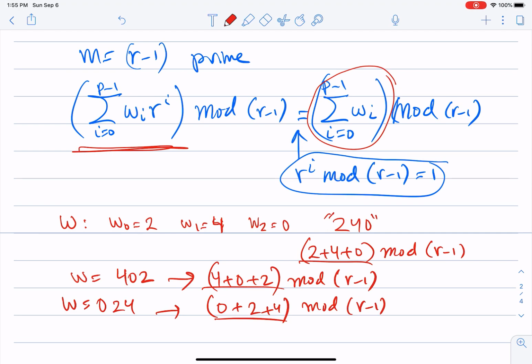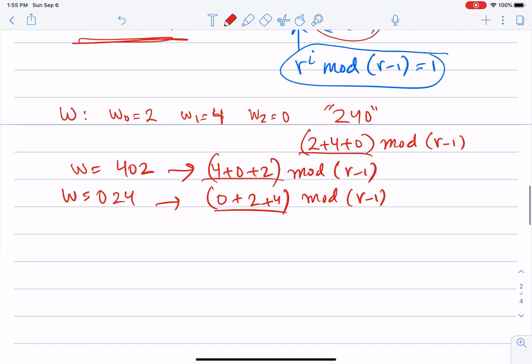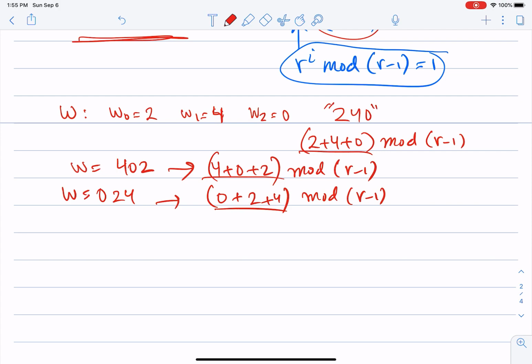If the permutations are distributed uniformly, then this is good. If the permutations are not distributed uniformly, or the choices of words are not distributed uniformly, this is not good. Okay? So M equal R minus 1, and R minus 1 is a prime number. Okay, this satisfies that safe choice of M being prime, but again, it's not a good one.